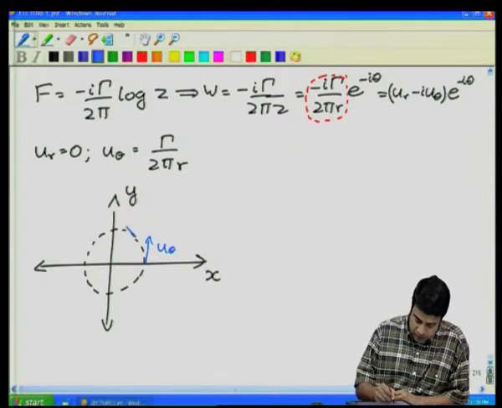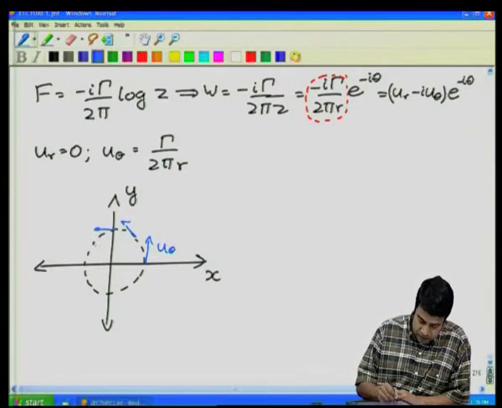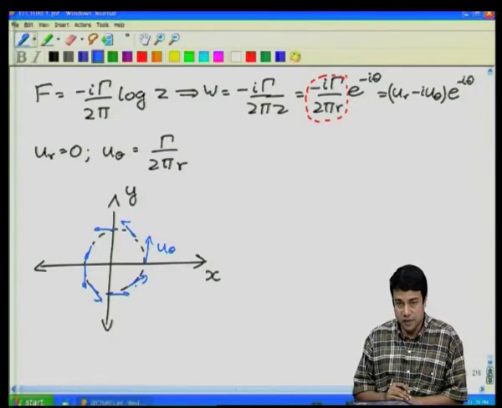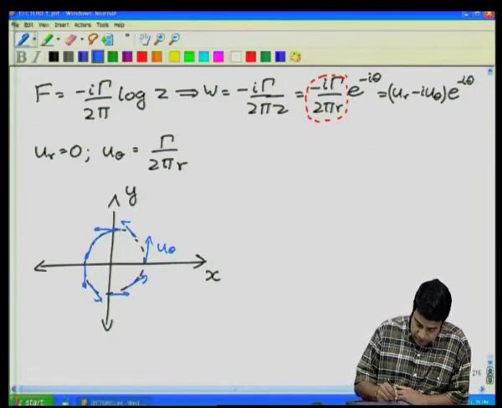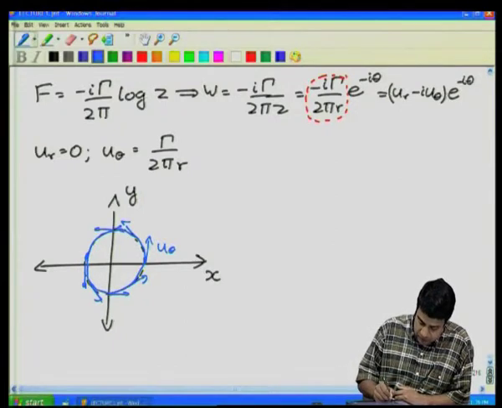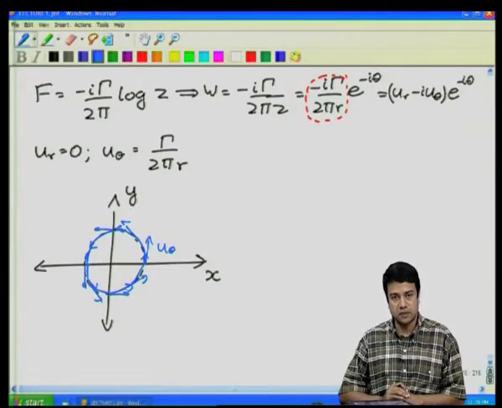Therefore, u theta is a constant everywhere along this, and this represents a flow that is circulating around this origin. So, the flow is circulating around the center of this coordinate system.